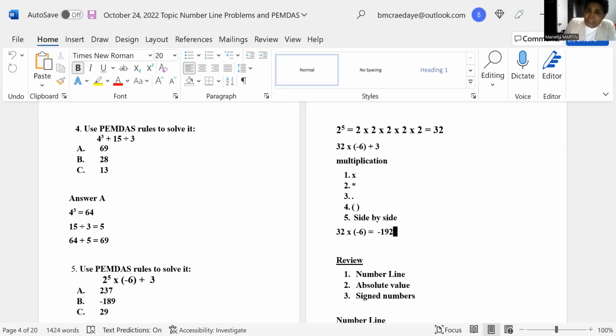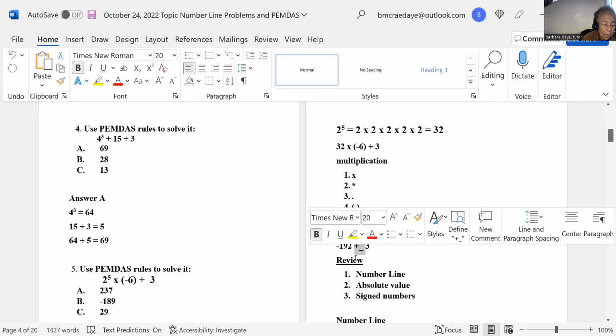Now that's added to the 3. So your next step would be to take that negative 192 plus the 3. What is that equal to? 195. No, that's a negative now. Remember, what do you do with unlike signs? You subtract.